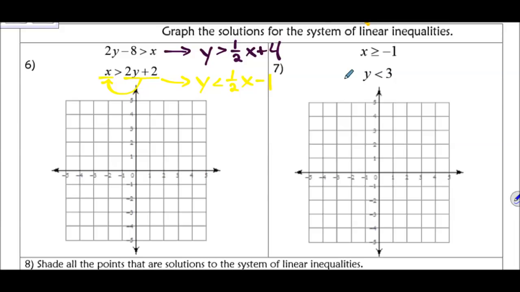Let's just graph the bottom one first. -1 is my y-intercept, and a slope of 1/2. That one is a dotted line, and I'm shading below that. As y is less than that, so it's dotted. And I'm shading below it. It's talking about numbers that are less than that.